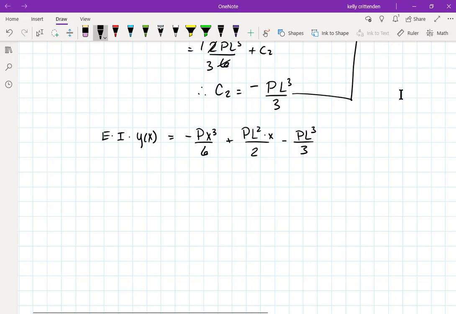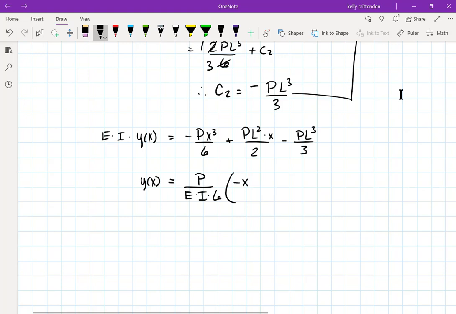And I could end up with y of x is equal to, take out the common stuff, P, we'll put EI, the common denominator among all that stuff is 6, and then figure out what would be in each section of this.